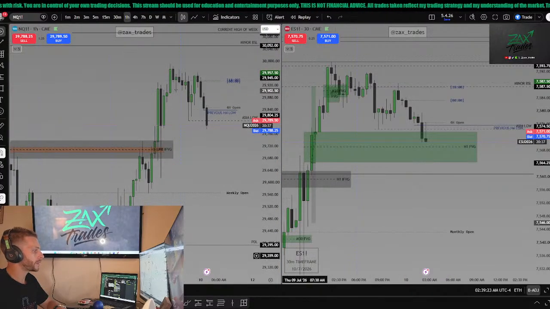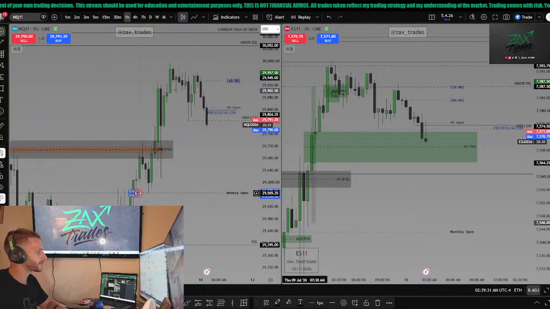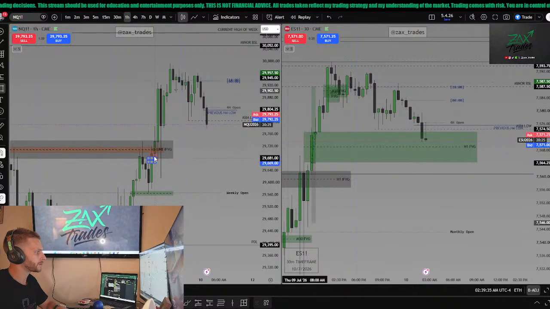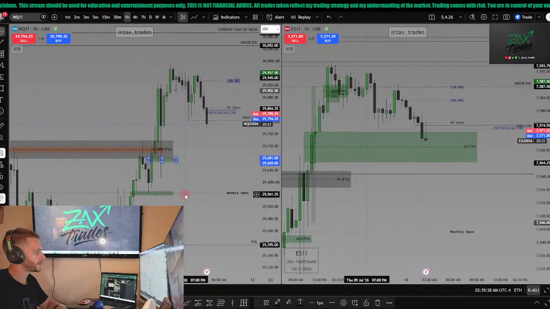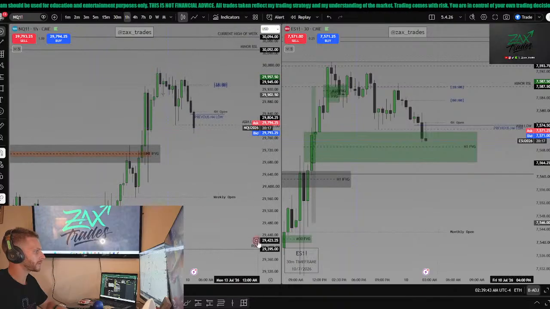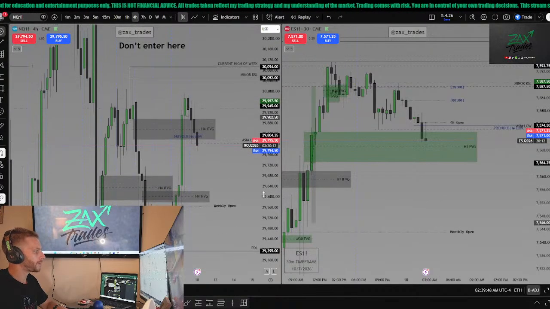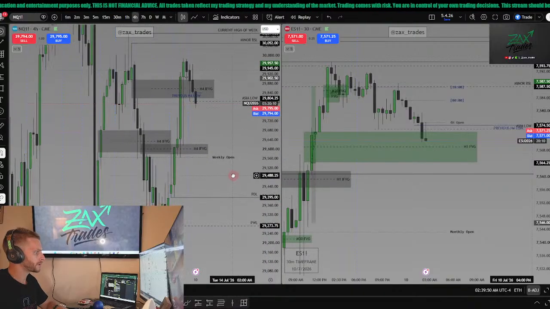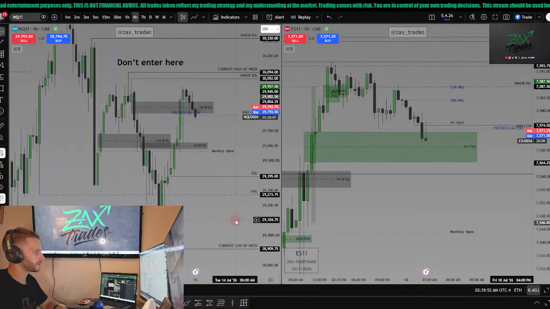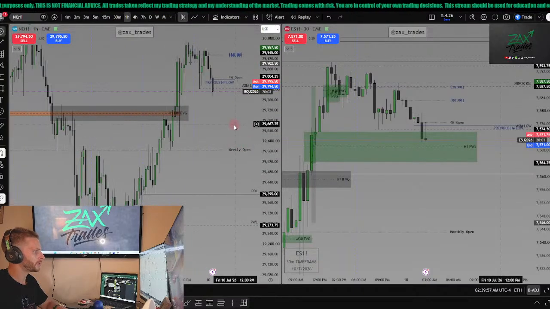So I don't see, and to kind of go with Illuminator to give you a little confidence in the short side, these fair value gaps that we do have on the 1 hour on NQ, they've already been tapped, right? So fair value gaps that have already been tapped, I'm automatically giving less weight to. The problem with shorts that I see personally is I just don't know what I would target. I really want to target some swing point.